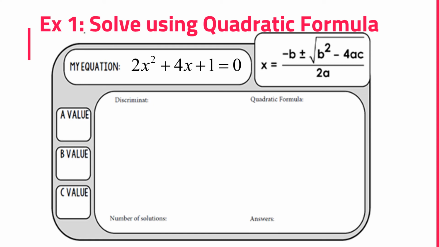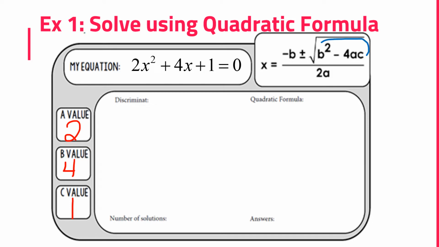In your foldable, we do have these examples. If you don't have it, just jot them down. The first thing you, of course, always want to continue to do is make sure it's written in standard form and equal to 0. We're going to identify our A value, our B value, and our C value based on that standard form. So actually, first let's talk about the discriminant.